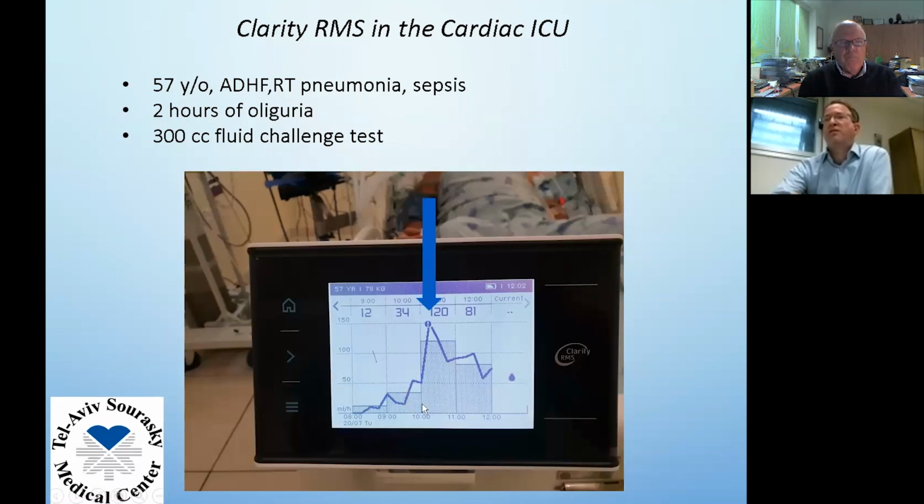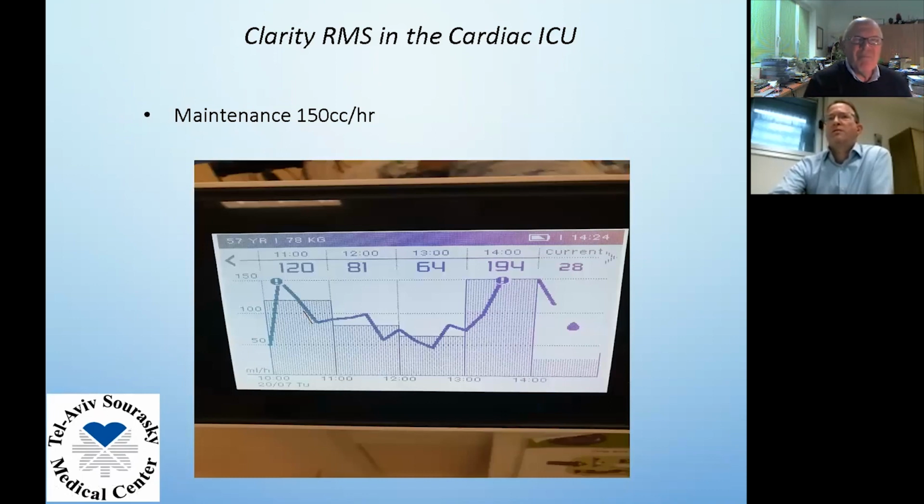And we can see that immediately following the application of fluid, there is a very nice increase in the urine output. This urine output was maintained following a maintenance of 150 cc fluid per hour for a few hours.